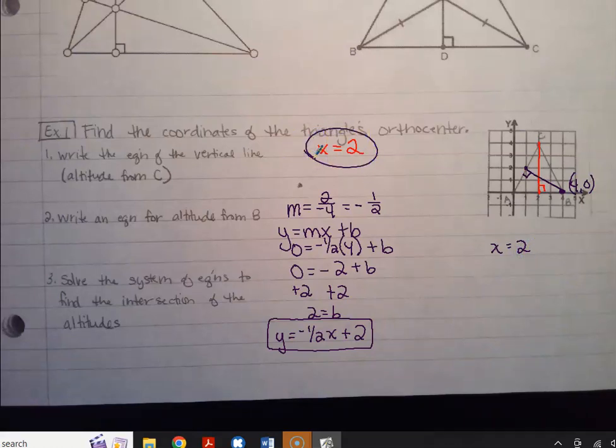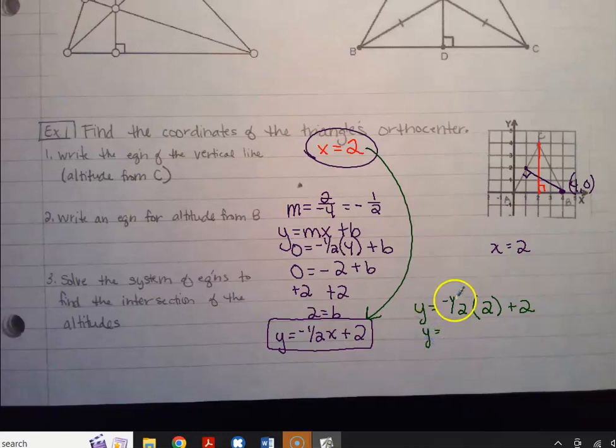So we are, I forgot. Okay, so we are putting this into here. Yep. Okay, so we're going to have y equals negative 1/2 times 2 plus 2, right? Okay, so y equals, what's negative 1/2 times 2?